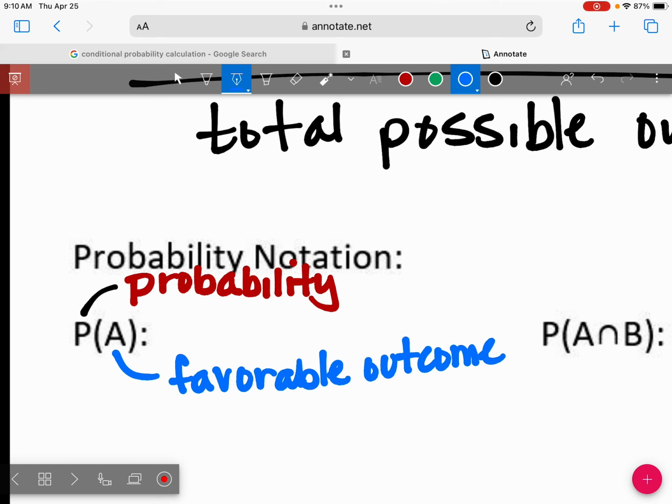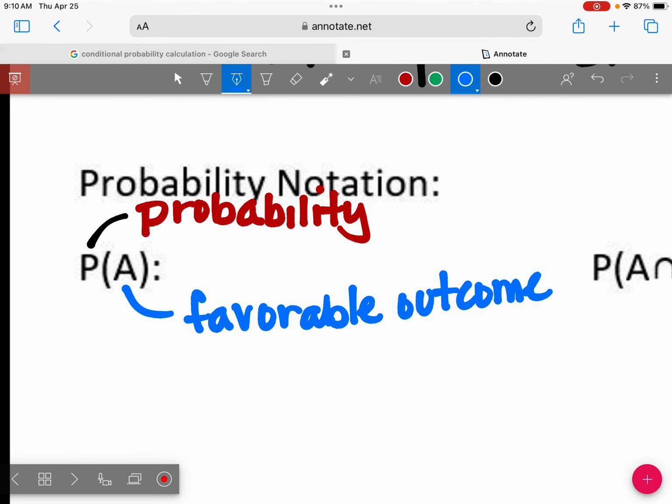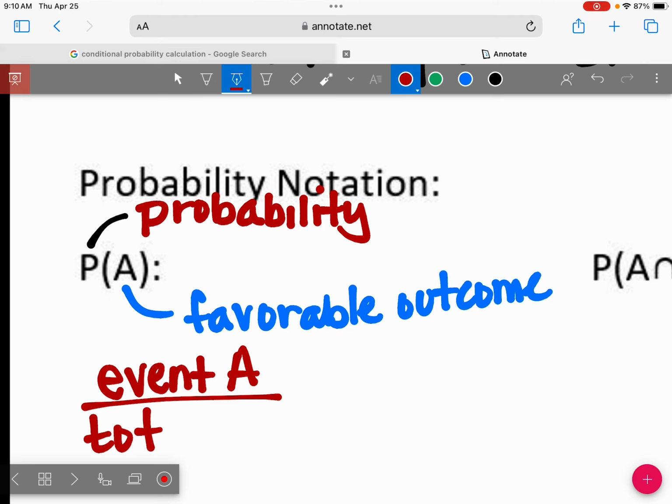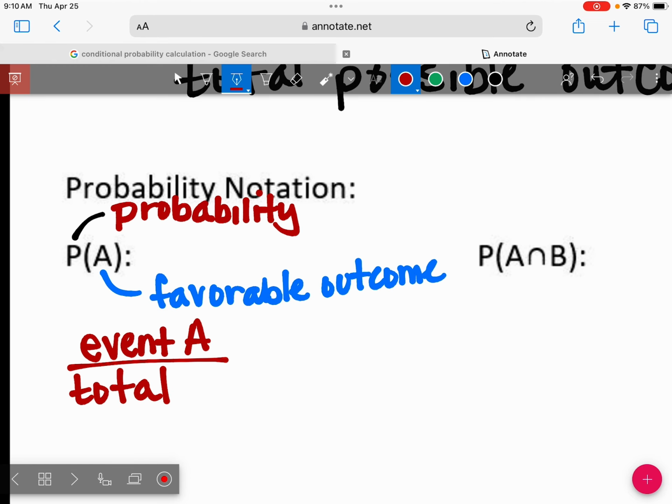It could be probability that you are wearing green, that you're wearing Crocs, that you're a sophomore, that you're 17. To find it, we're going to figure out how many people have whatever that event A is. Remember, event A could be anything, over the total. So that's how we're going to find that.